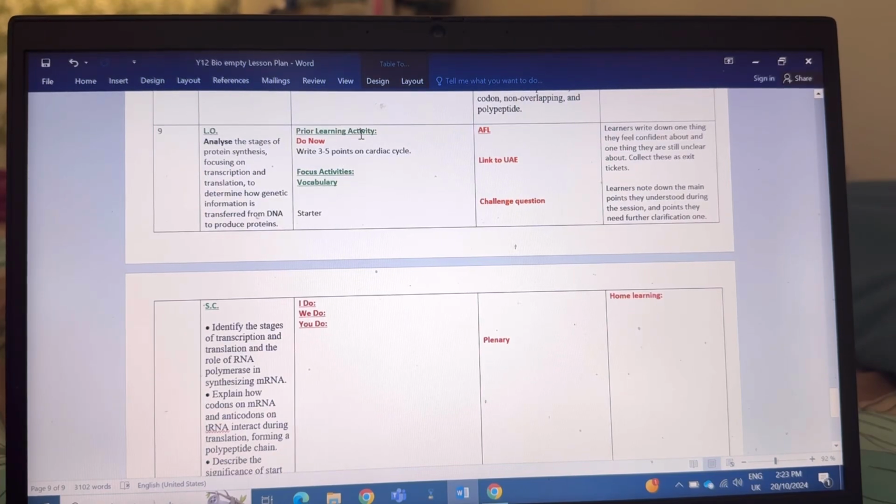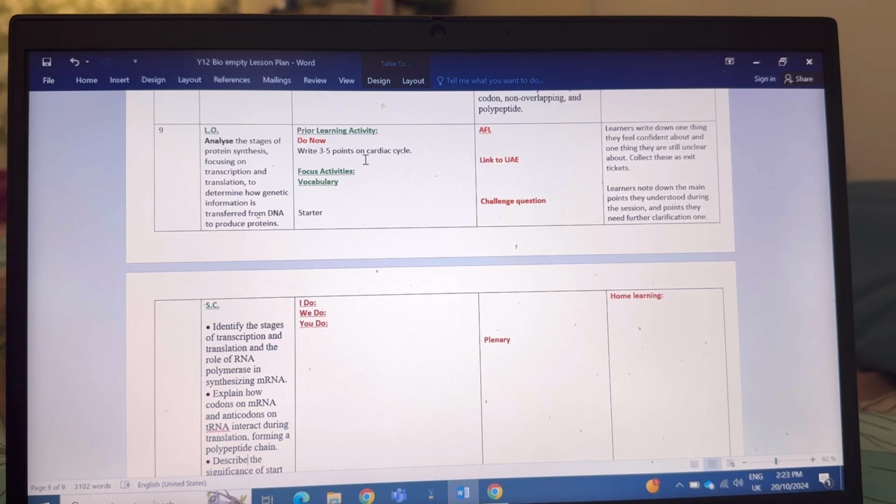Now, prior learning activity involves do now. This is a new element added in our lessons this year in the school, which means as soon as students enter my class, it takes them at least 5 minutes to settle down, right? And then the teacher starts teaching. So, in order to settle them quickly, we have something called do now, which will be there on my board, and it will be the same for all the lessons.